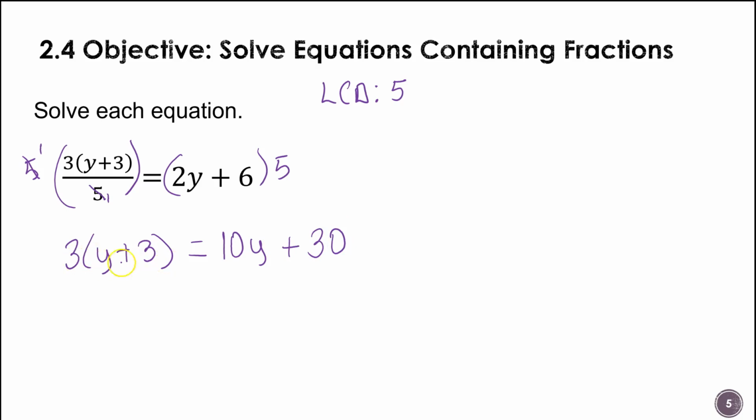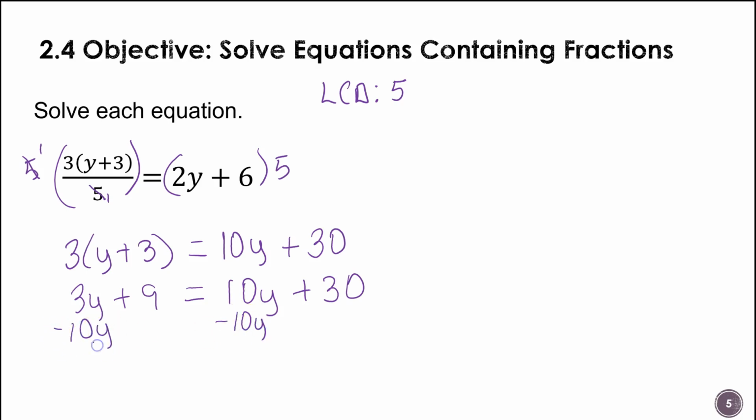Now I clear the parentheses by distributing the 3, so that's 3y plus 9 equals 10y plus 30. Now I need variables on one side, numbers on the other. So I'm going to subtract 10y on both sides. That's -7y plus 9 equals 30.